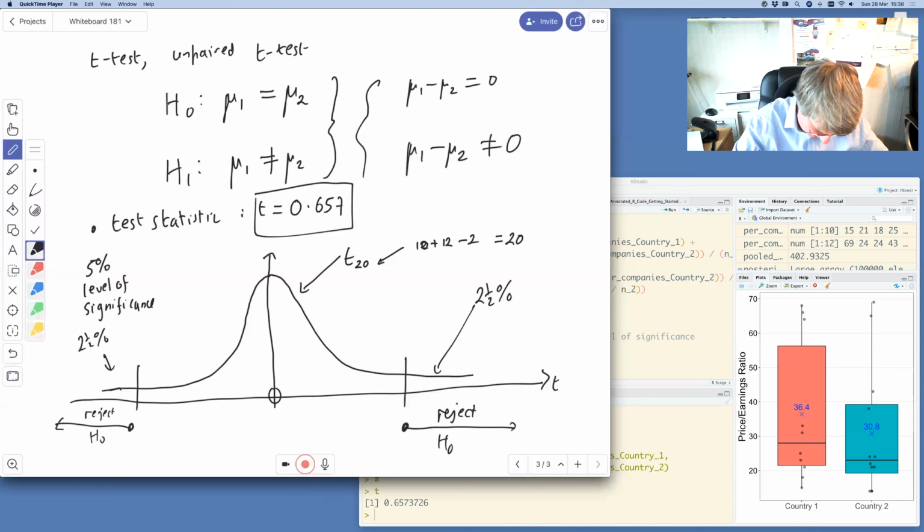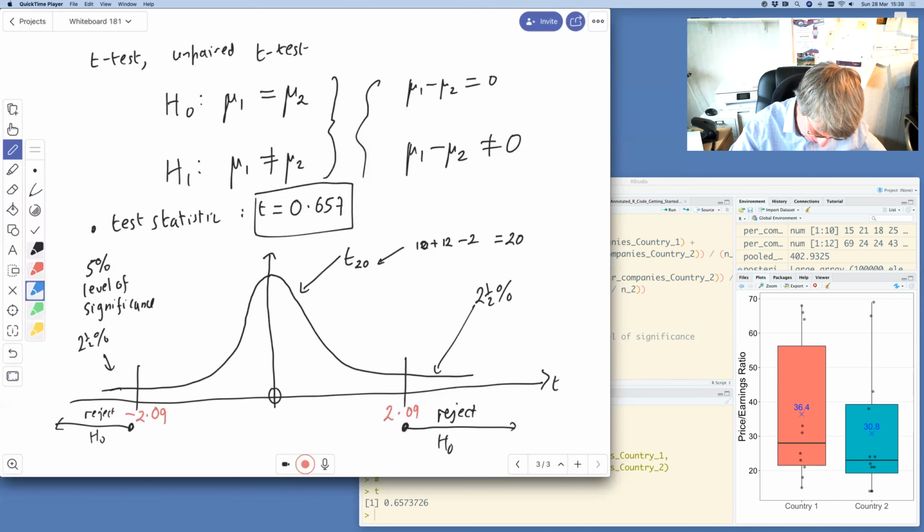And it turns out that you can check using a package or using tables that the value that cuts off 2.5% in each tail is 2.09 and minus 2.09. So if the value of the test statistic is greater than 2.09 or less than minus 2.09, we will reject the null hypothesis.